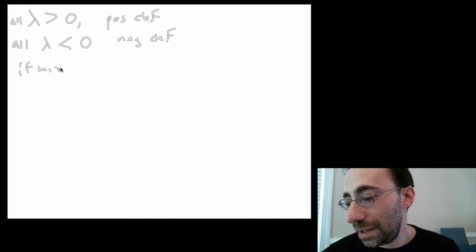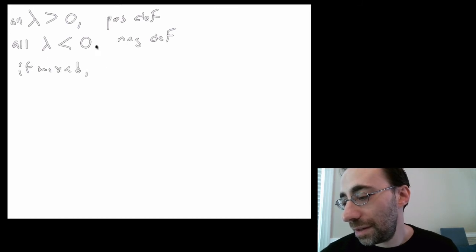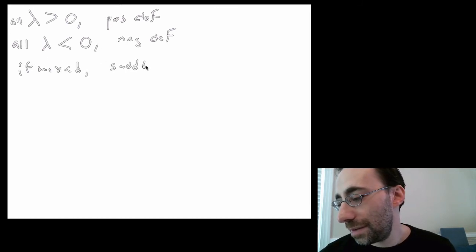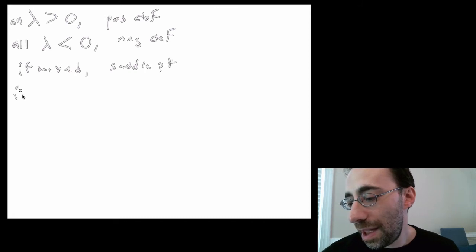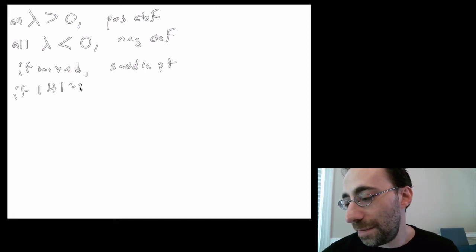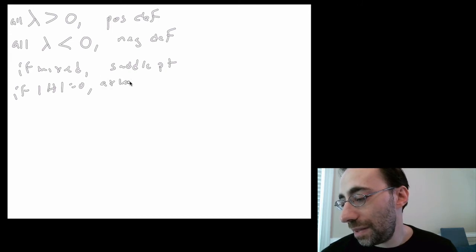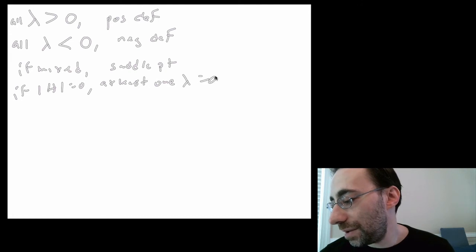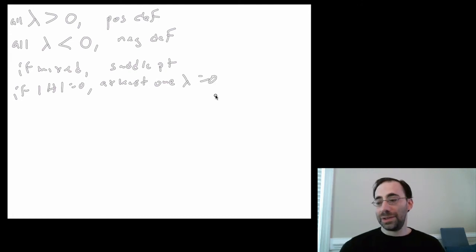If they're mixed, you have a saddle point. And if the determinant equals 0, then we know at least one eigenvalue is equal to 0. So we have an indeterminate.